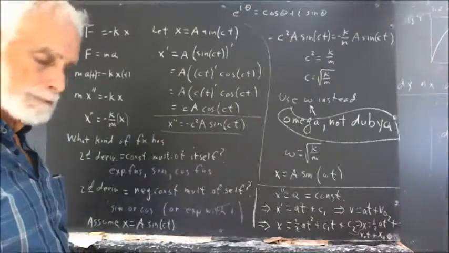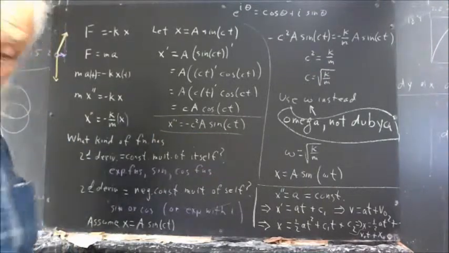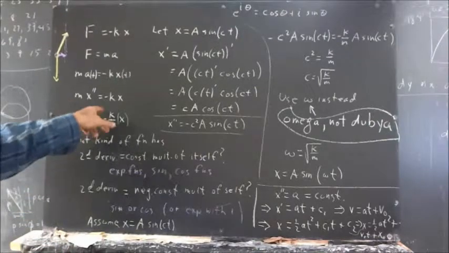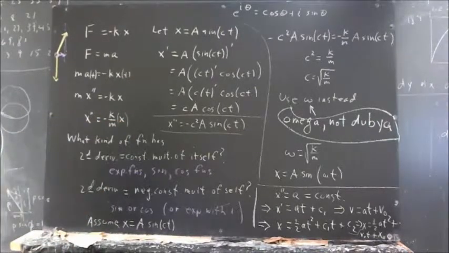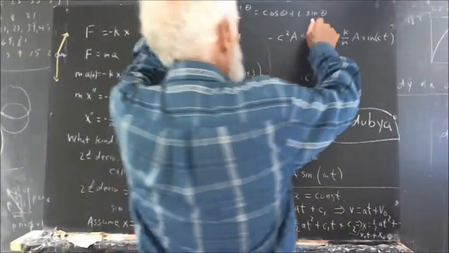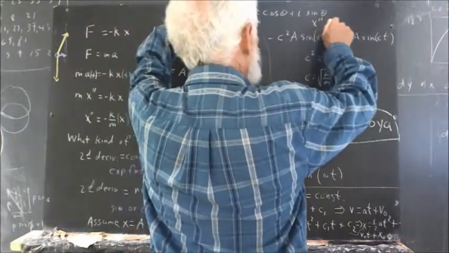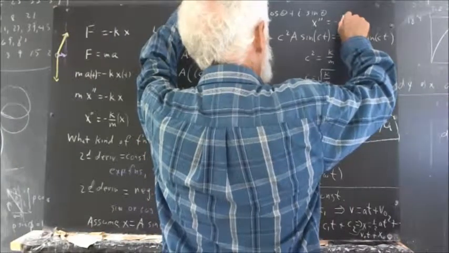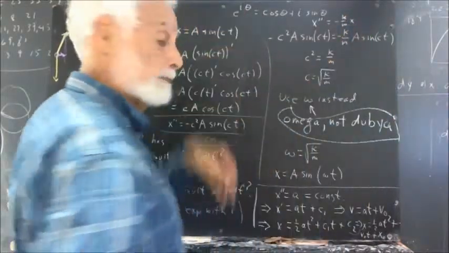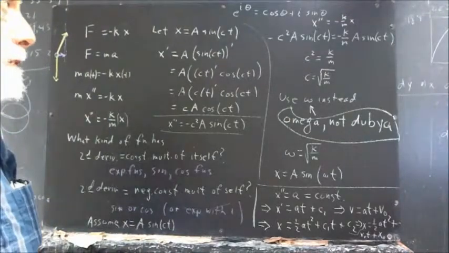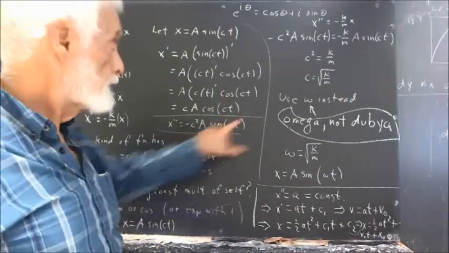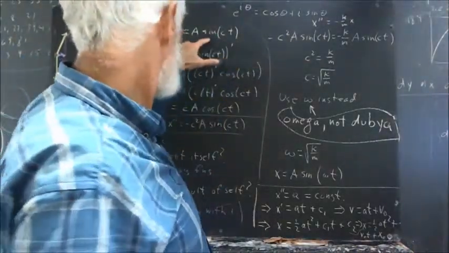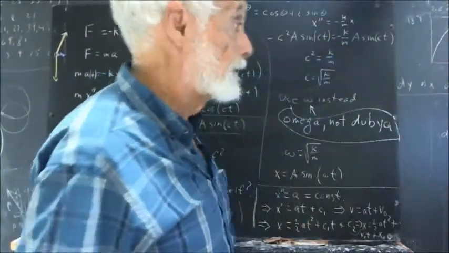Okay, now we can plug into our original equation, which was x double prime equals negative k over m x. And maybe I should write that out up here. x double prime equals negative k over m times x. And this expression goes in for x double prime, and a sine of ct goes in for x.